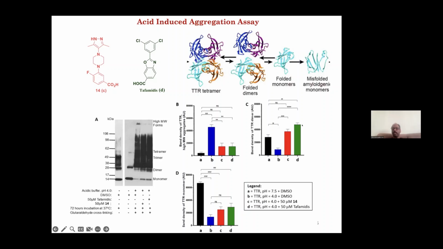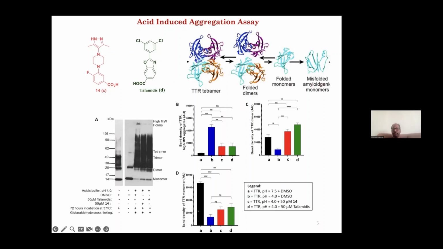And here we have monitored the formation of the dimer. At neutral pH, you see a lot of dimers, and at acidic pH, the dimer decreases. But in presence of our compound, the amount of dimer increases. And in D, we have calculated the amount of monomers.